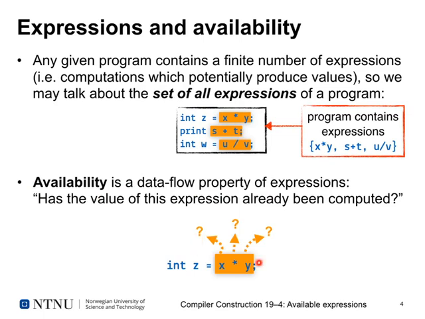So given the expression x times y, we need to figure out whether there are any other places in our program where x times y has already been calculated. If this is the case, we need to make sure that x and y still have retained their previous values, no matter how we got from this previous place to our current program point. And if we have this intermediate result, we can reuse it, obviously.